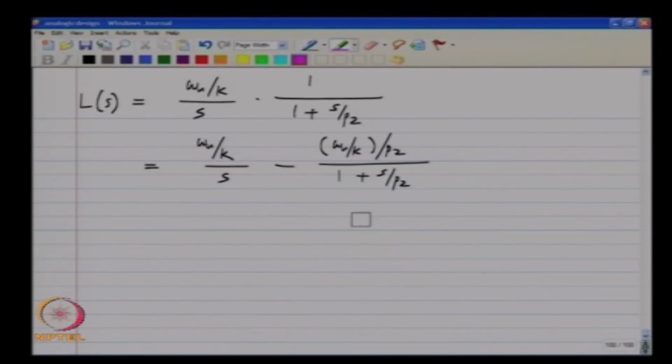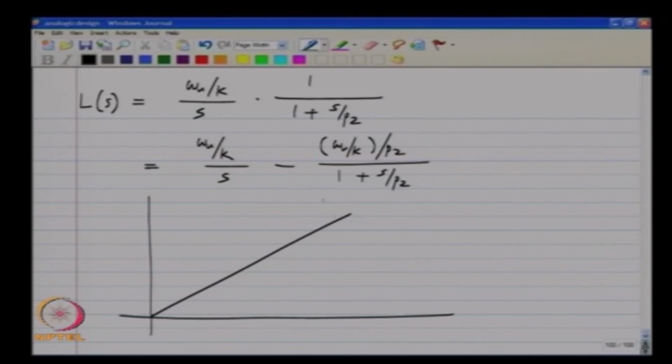The step response of the first part we already know. It is a ramp whose slope is omega u by k, and the step response of the second part is the step response of a first order system, which has the form 1 minus exponential minus p 2 t. Okay.